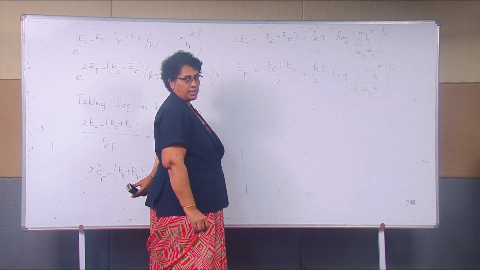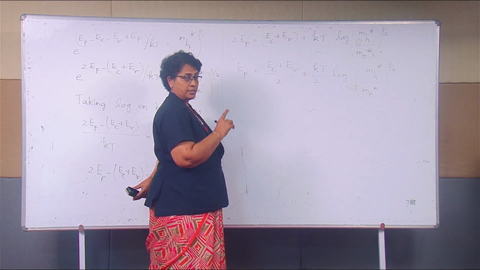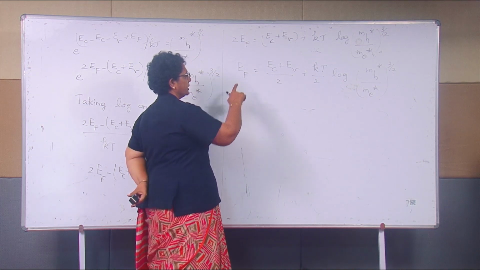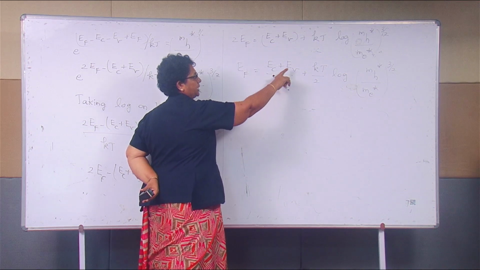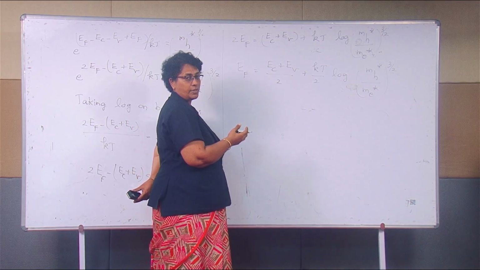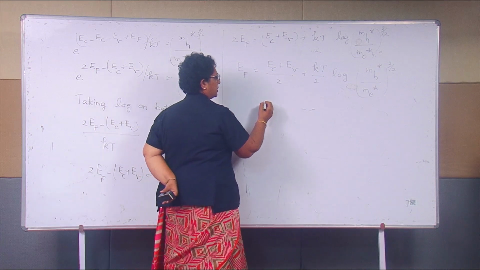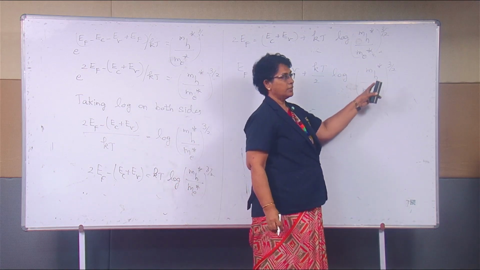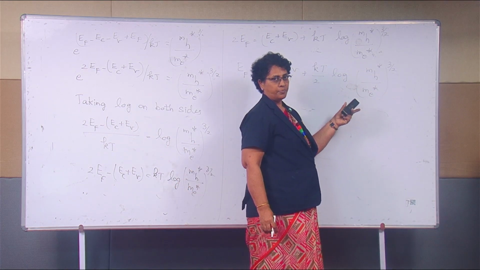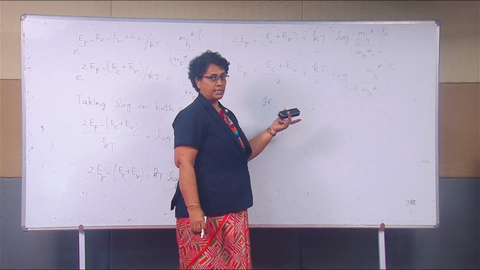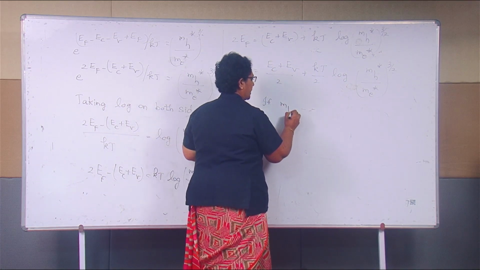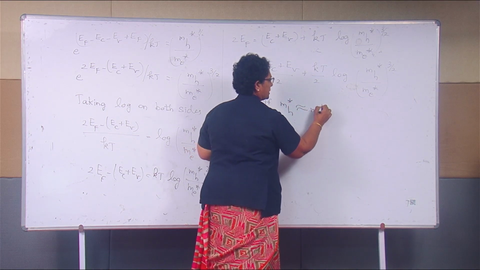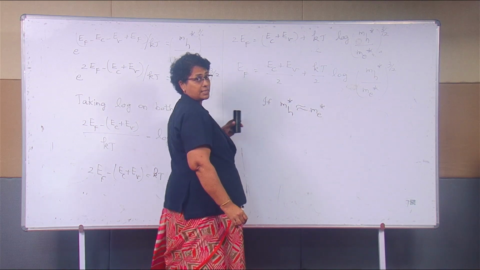So now our task, I think you have remembered the first task we saw in the beginning of this topic: we have to bring EF is equal to EC plus EV by 2. I think we are approaching that. By chance, because the effective mass of the hole and the electron are more or less the same value, mh star is approximately equal to me star, then that gets cancelled.